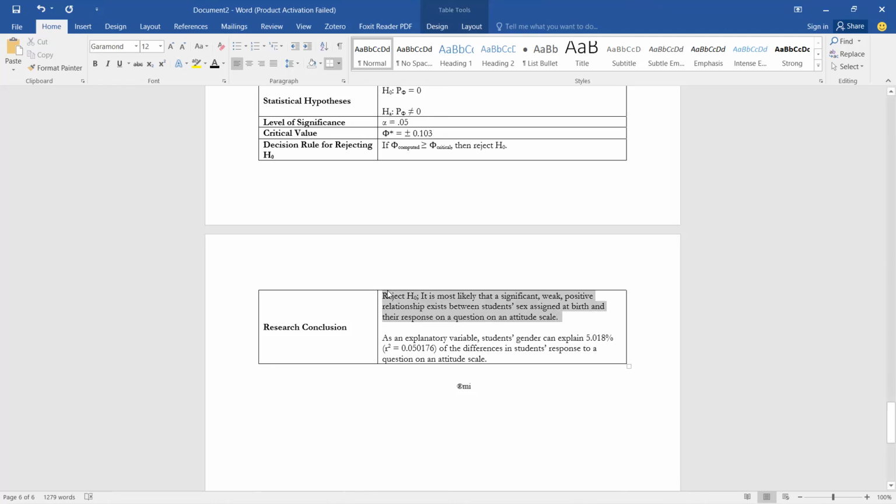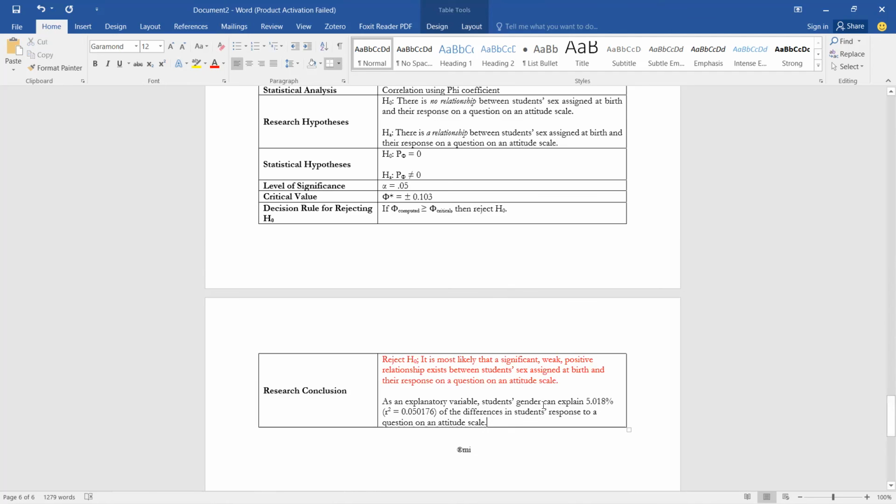So let me just make that red so that you'll notice a difference when you check out this new thing that I'll load, this revision. And as an explanatory variable, students' sex assigned at birth can only explain 5.018% of the differences in their response to a question on an attitude scale.